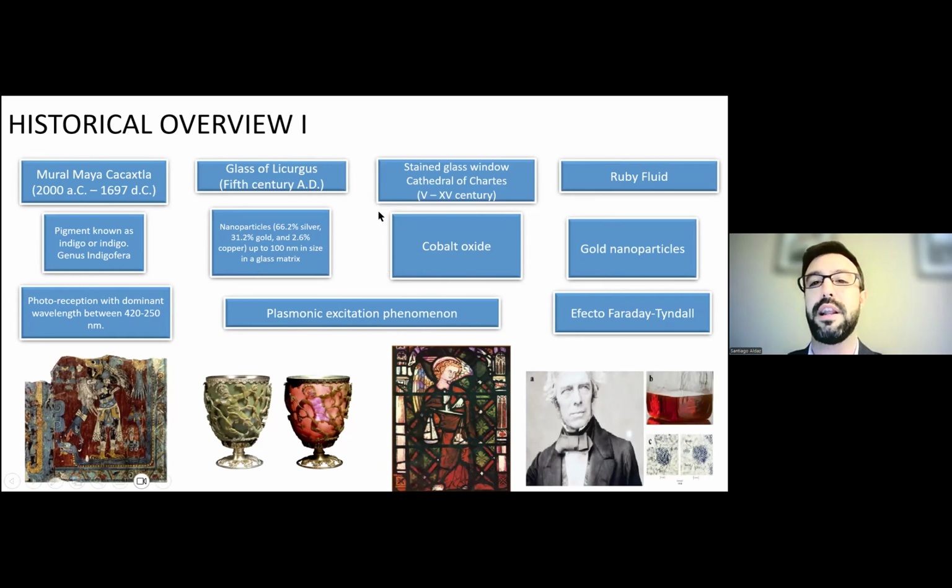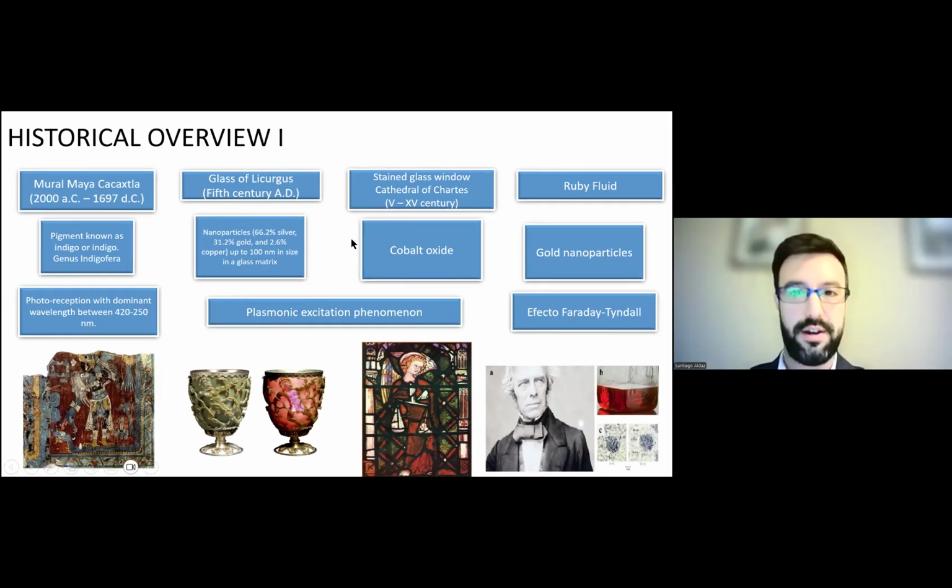Another example is the glass of Lycurgus, which is composed of nanoparticles of silver, gold, and copper up to 100 nanometers in size in a glass matrix. The other example is the stained glass window of the Cathedral of Chartres, which is composed of nanoparticles of cobalt oxide.